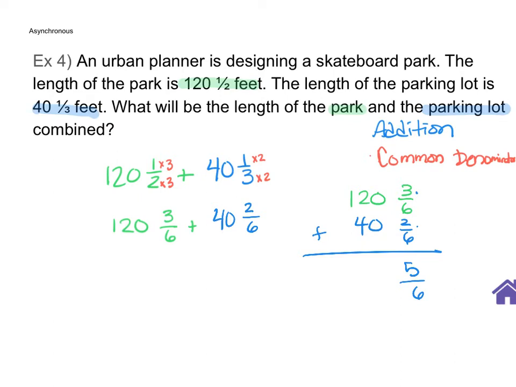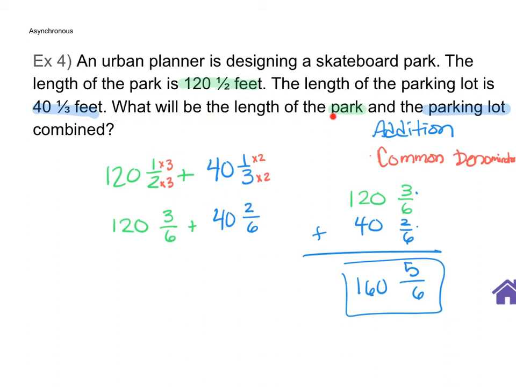And then 120 plus 40 is 160. So I have 160 and 5/6. This would not be a very good answer because it doesn't mean anything to me. So I would go back into my question.